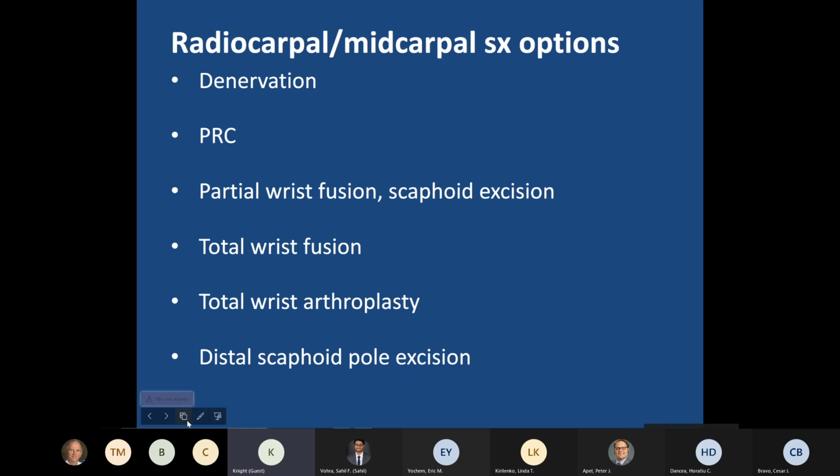A wrist arthroplasty is something that's becoming more common. It's not a great option for most patients due to the weight-bearing restrictions. And certainly the wrist has to be already well balanced, because if the wrist is not well balanced, there's a risk for dislocation. I haven't done a ton of these wrist arthroplasties, a few of them in fellowship, but I know there are lots of people that are using those more and more. And of course, a distal scaphoid pole excision is a possibility as well for a SNAC.